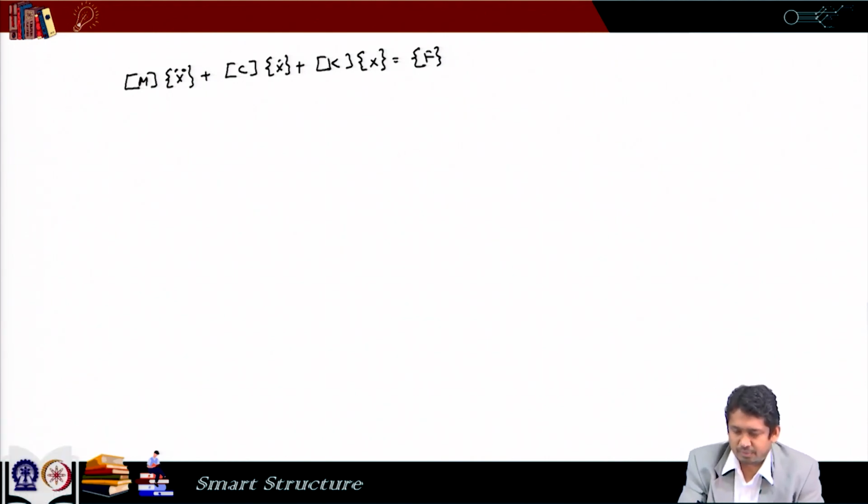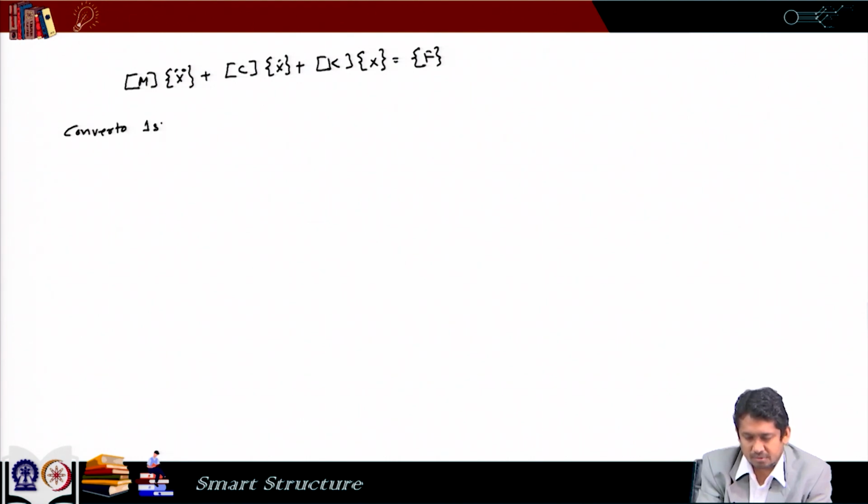Now, we will discuss numerical techniques to solve it. So, we will discuss two techniques. In the first technique, we will convert this to a first order equation and then we will solve.